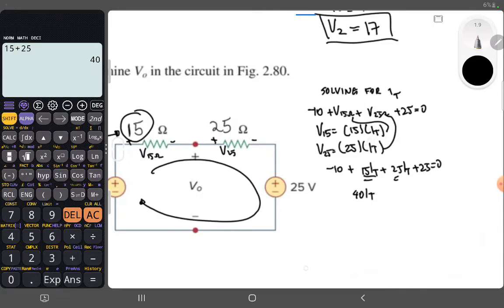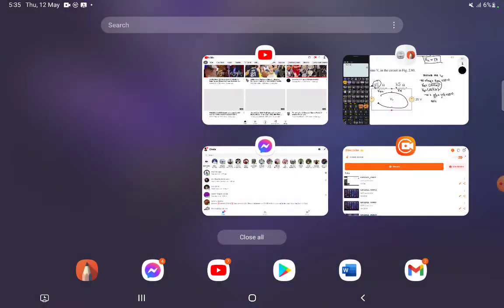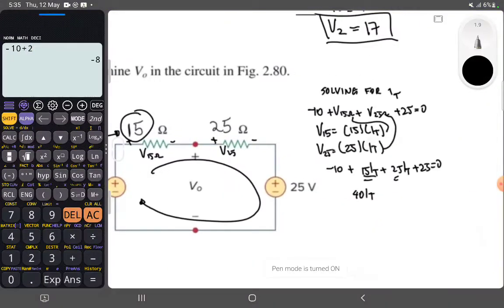Negative 10 plus 25 is 15. So plus 15 equals 0.